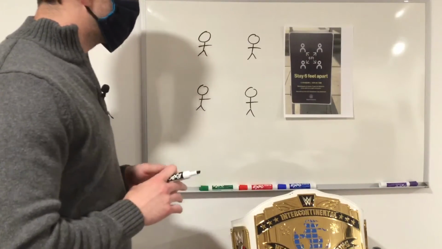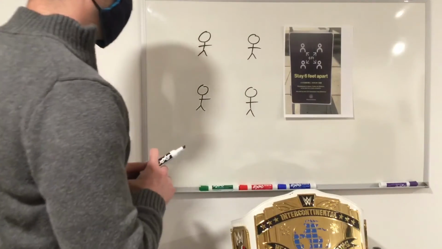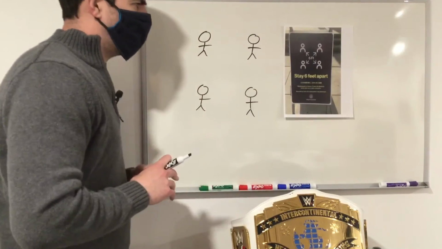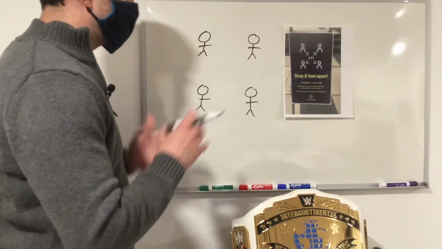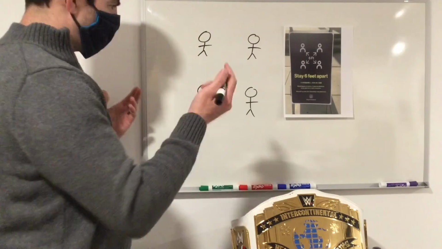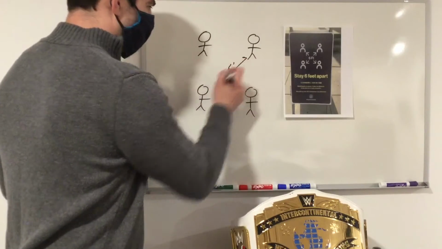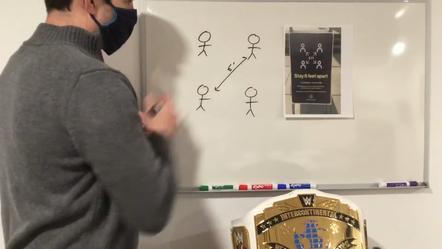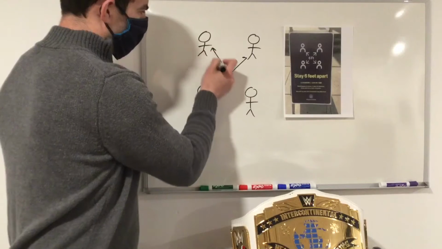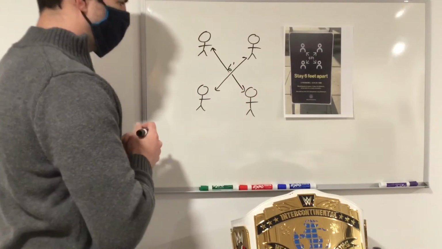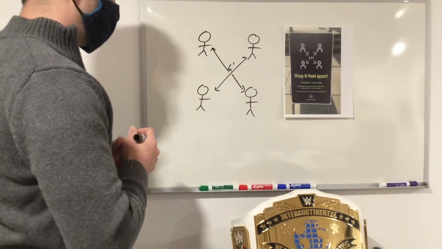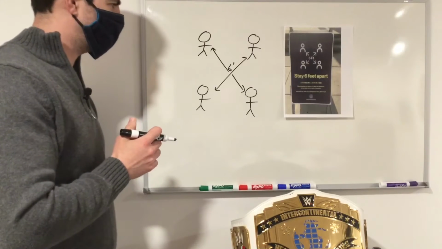So I want to look at this picture here. If I'm hanging out with four friends and it tells us to stay 6 feet apart, well, if I'm 6 feet away from the person across from me and this person is 6 feet away from that person, we're all 6 feet apart, right?